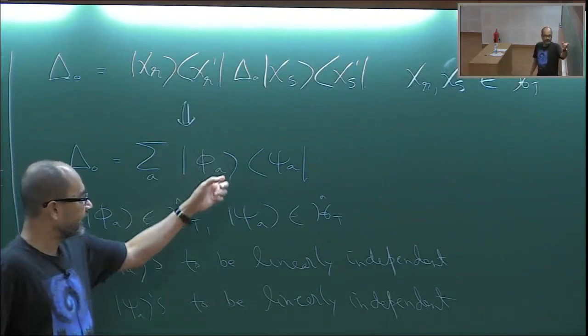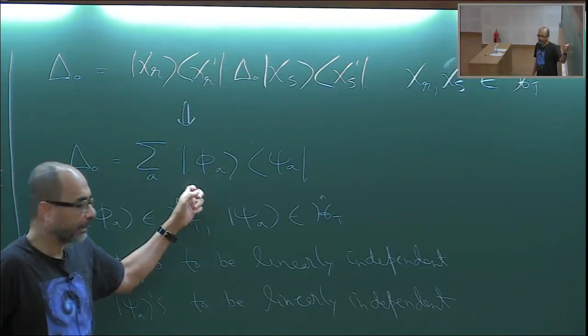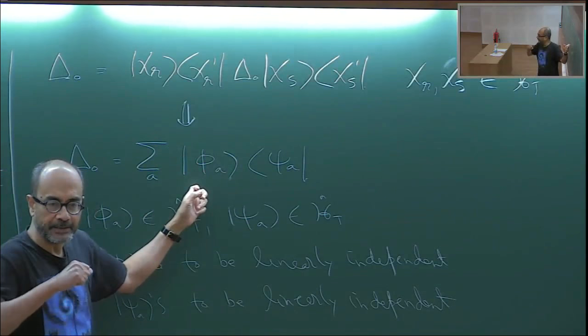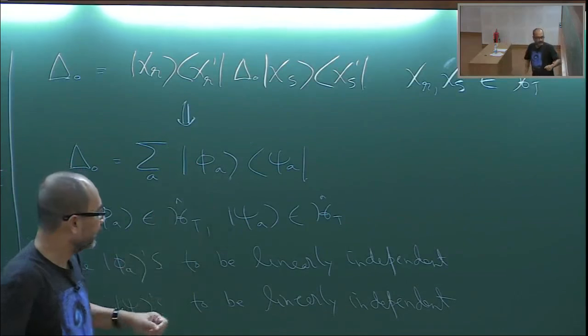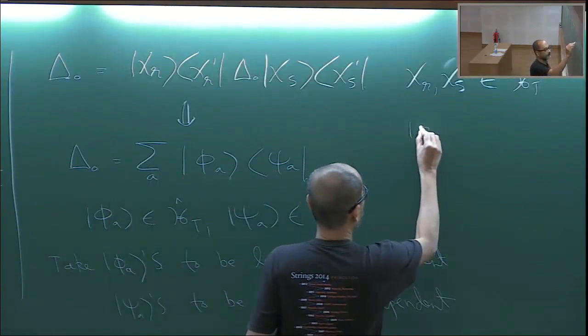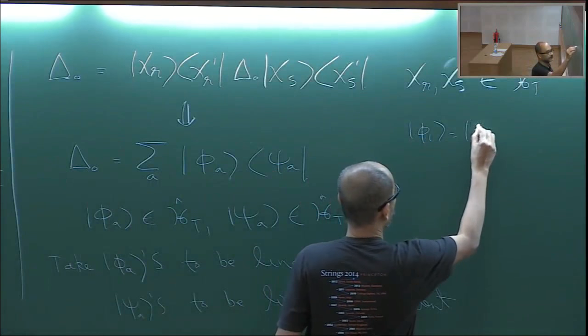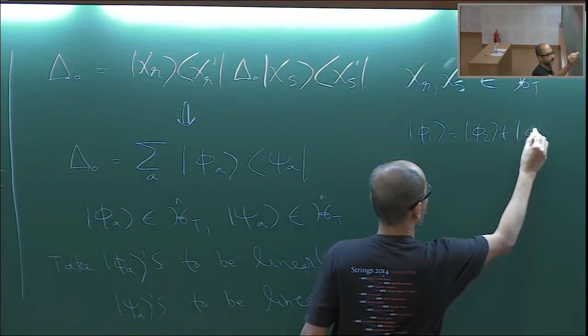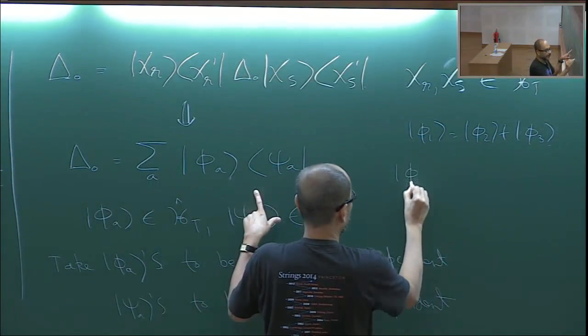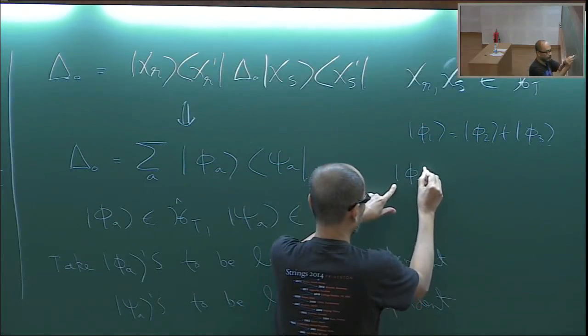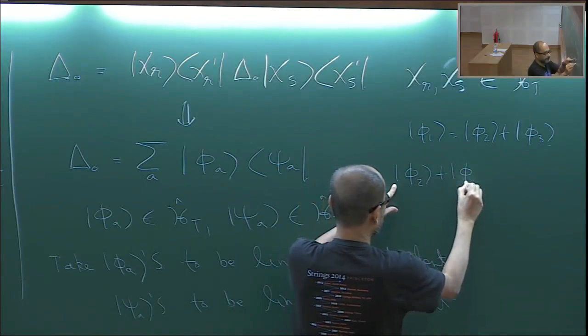Now, if these are not linearly independent, we can always express this in terms of a linearly independent set of states. So if phi 1 is phi 2 plus phi 3, you will write this as phi 1, phi 2 plus phi 3.